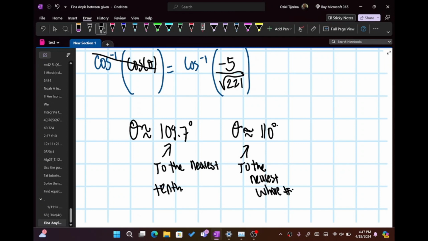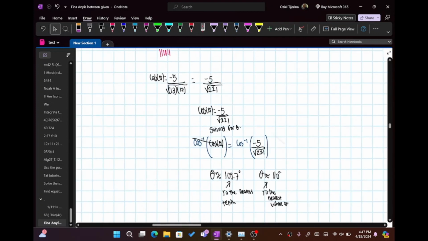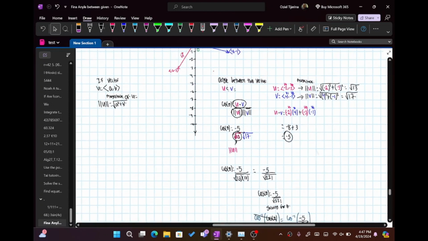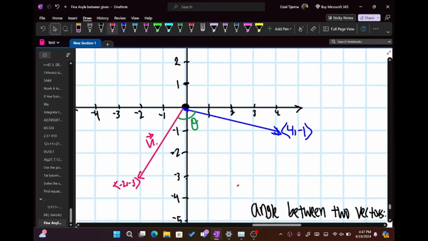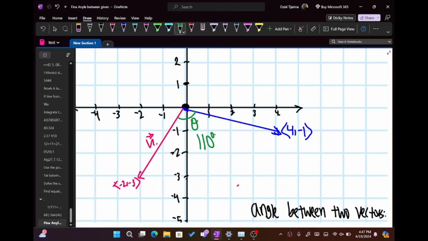It depends on what they ask you to round it to, guys, but that is the angle theta between these two vectors. So therefore this is approximately 110 degrees, or 109.7 degrees if you want to round it to the nearest tenth.